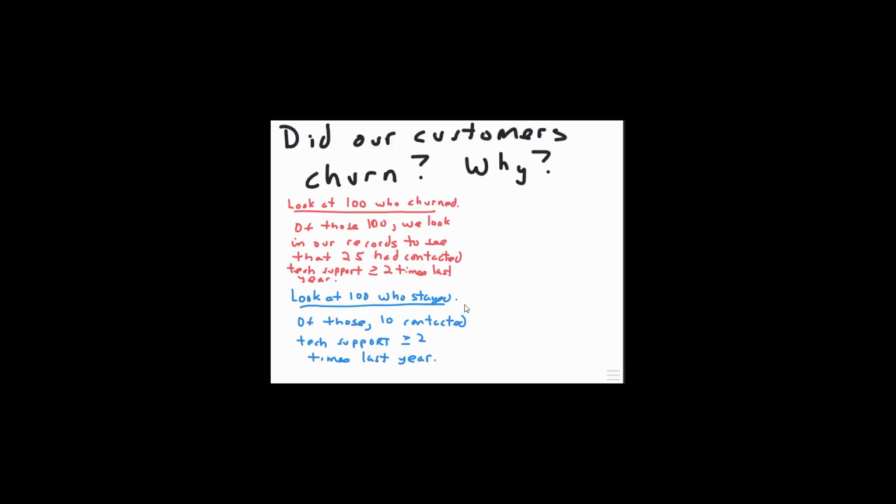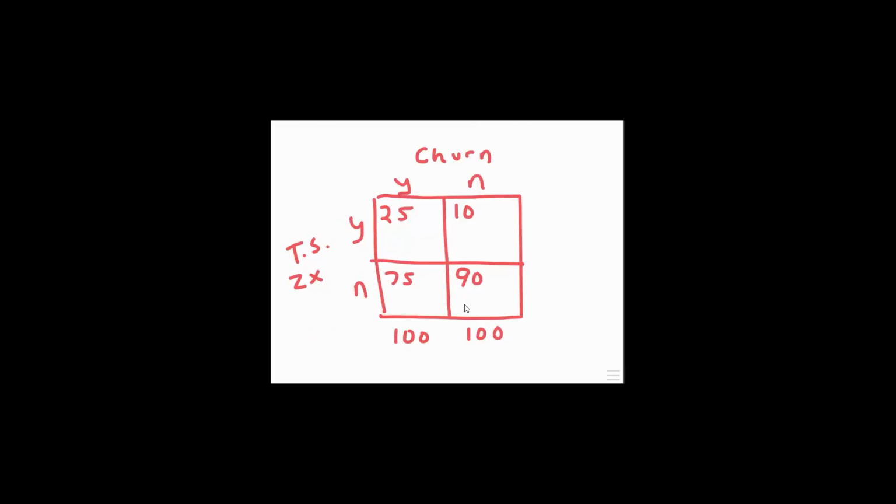And we're going to organize that into a table like this where the technical service 2 times and more is over here. That's our explanatory variable. In medical research, they call that the exposure, our explanatory variable. And then churn is the variable of interest, our outcome, or our response variable. I would call these explanatory and response, or in medical, they call it exposure and outcome.